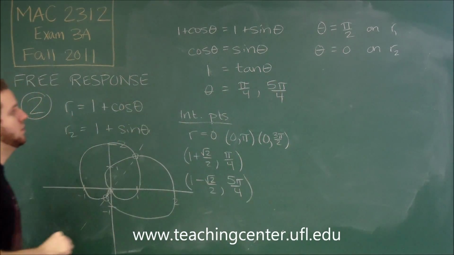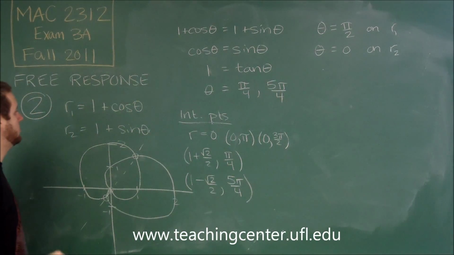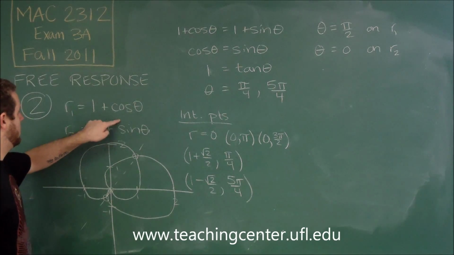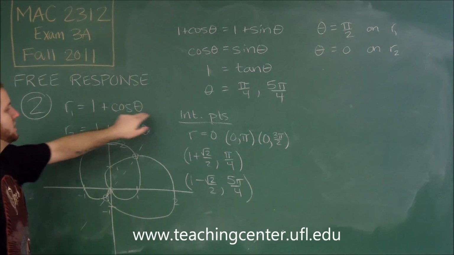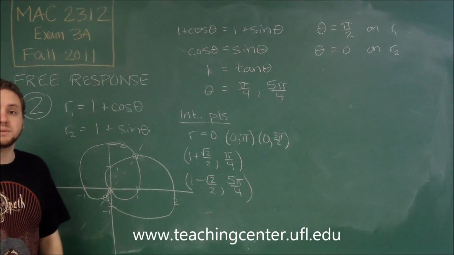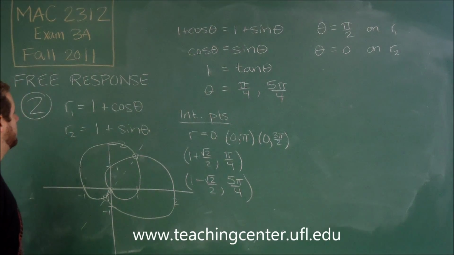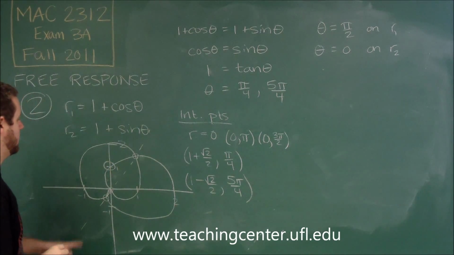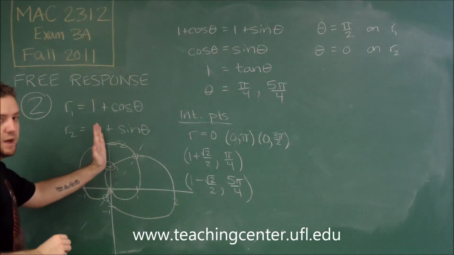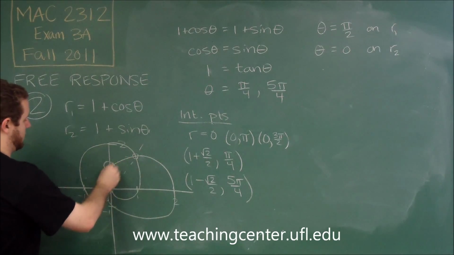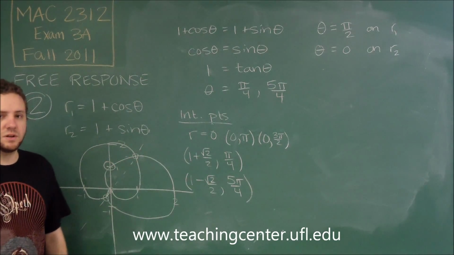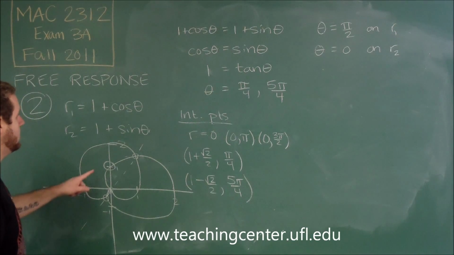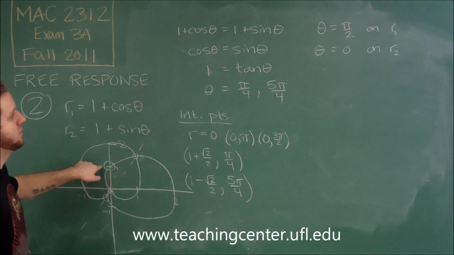So on R1, when theta equals pi over 2, we would have 1 plus cosine of pi over 2. Cosine of pi over 2 is 0. So that's this point right here. Because pi over 2 is straight up, and it crosses through 1 like I had originally drawn. So that's that point on the graph.